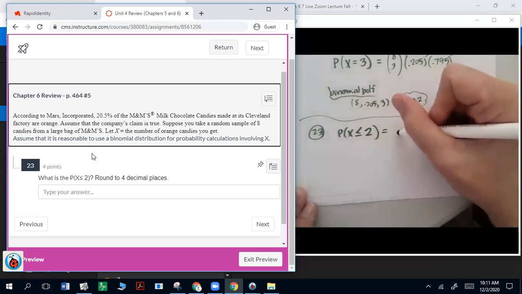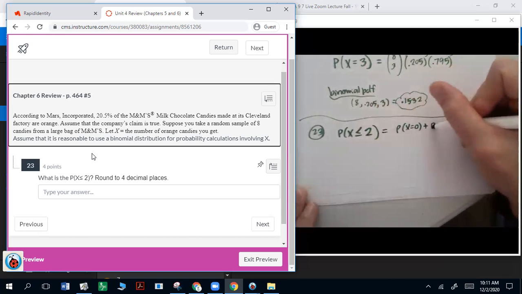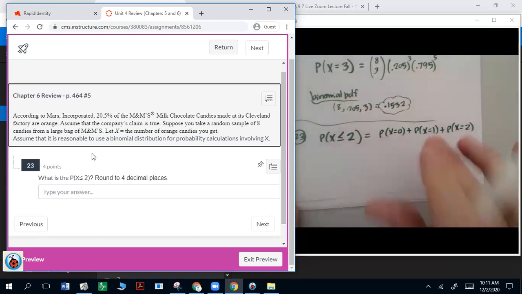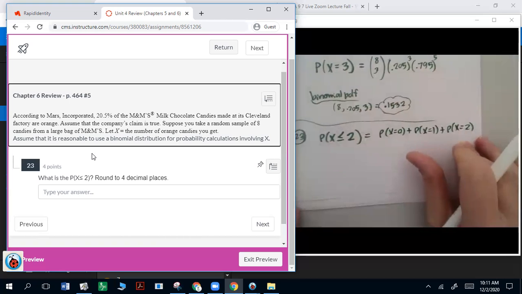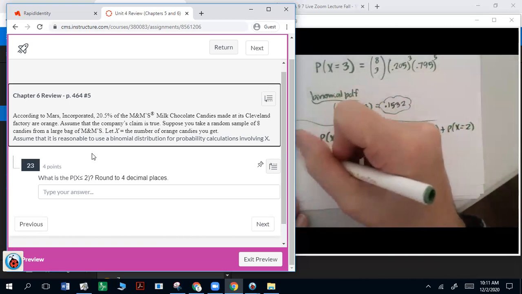So it's going to be the same thing as the probability of X equals 0 plus the probability of X equals 1 plus the probability of X equals 2, right? So we could get those three individually doing binomial PDFs, but I would suggest just using a binomial CDF.